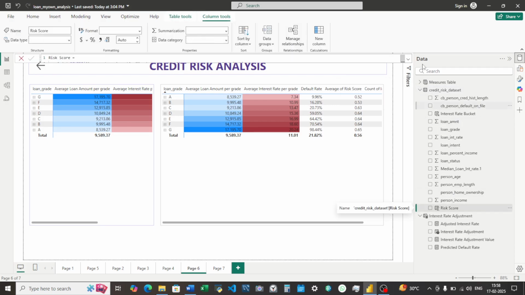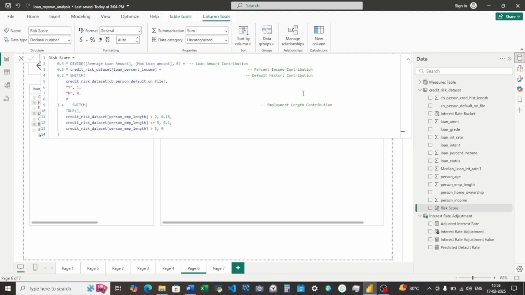problem statement solution. Okay, I've created a calculated column, and I have taken the highest risk would be to the loan contribution. I have divided the average loan amount with the max loan amount, and have contributed the maximum risk to the highest loan because it's just common sense. The higher the loan amount, the more would be the risk.